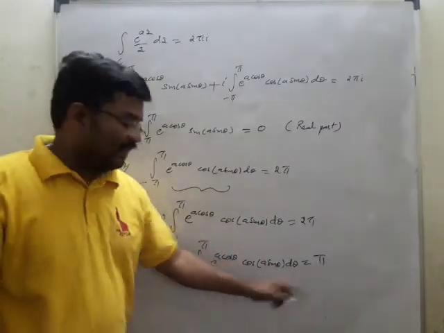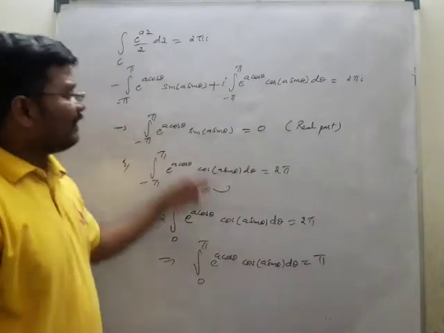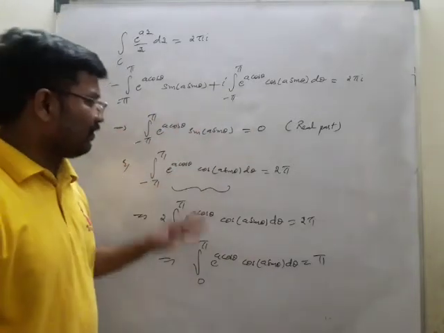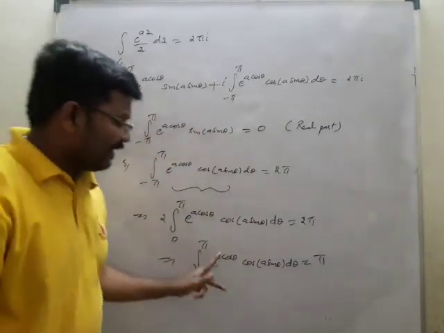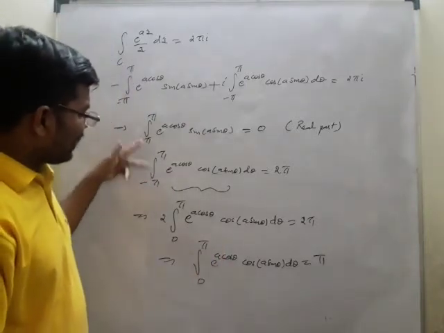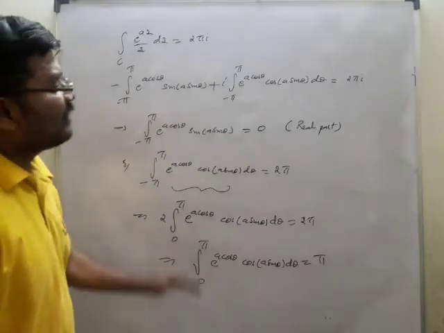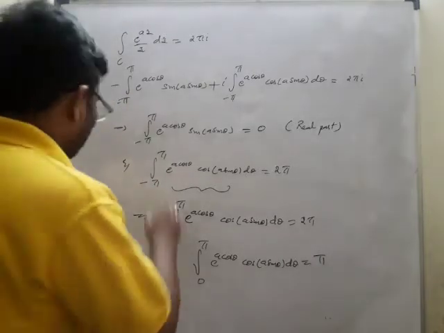This is what we got from the imaginary part, and the real part is anyhow 0. Because of the even function, the integral from minus pi to pi can be written as 2 into 0 to pi. This is how we can do the problem.